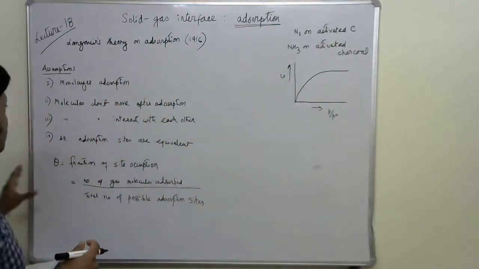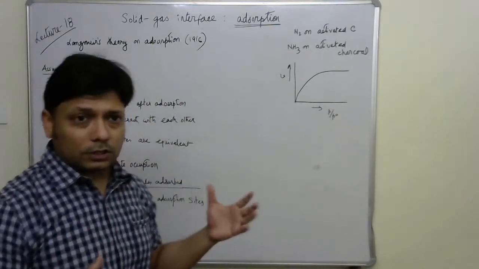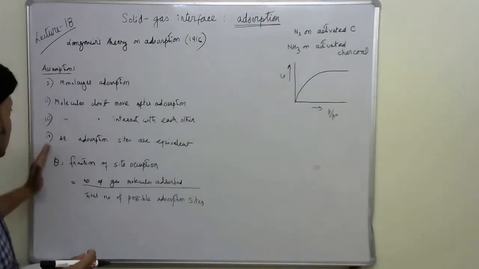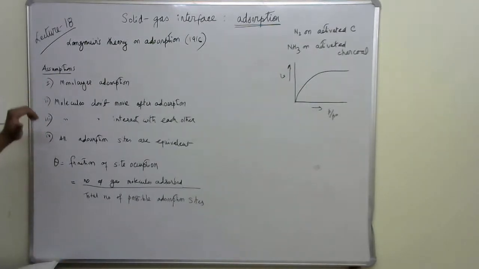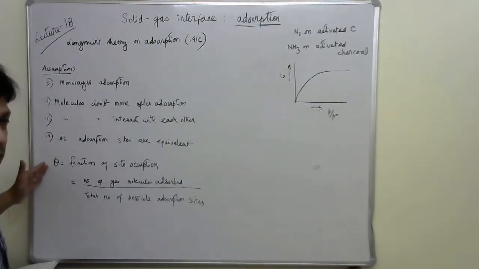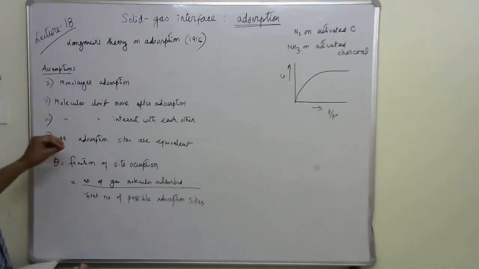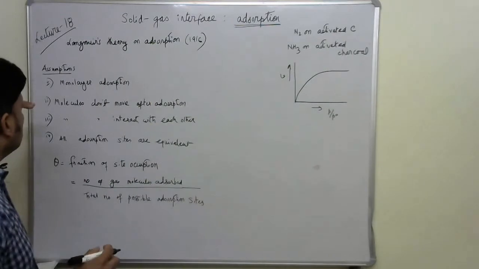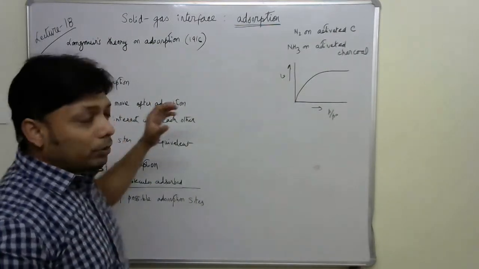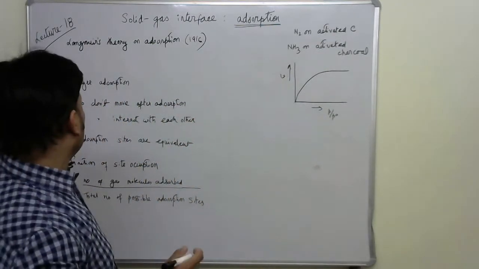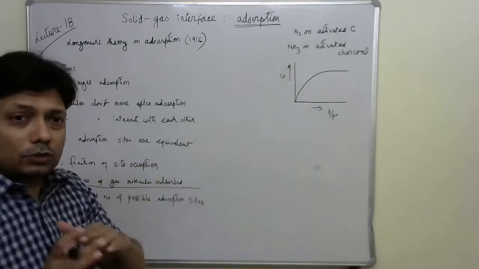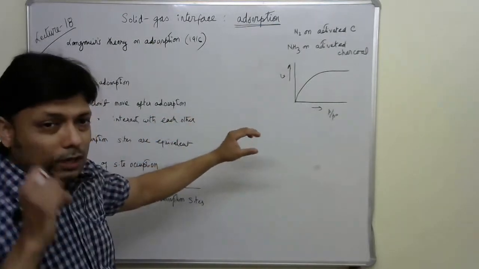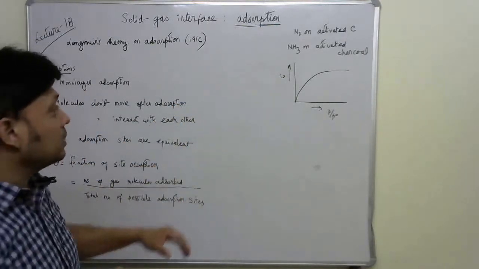So he initially made a few assumptions, a few statements. I have listed them here one by one, so you can read them easily. I will not go through each and every one of them, but the most important assumption Langmuir made was that adsorption is confined to the monolayer only. That means only one layer of gas molecules gets adsorbed on the surface.